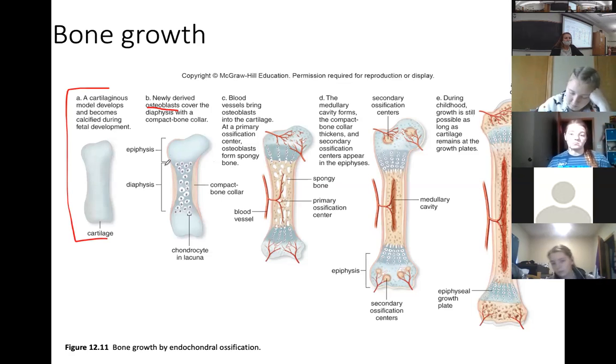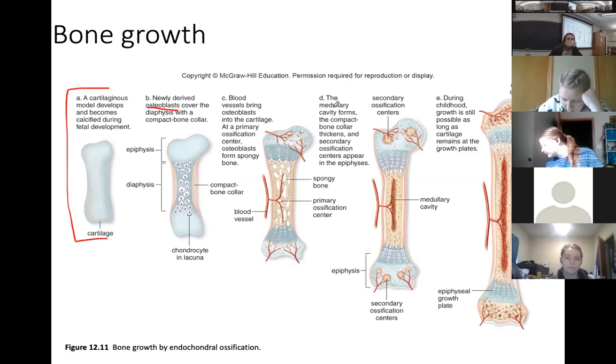And it essentially, these osteoblasts cover that compact bone collar. And then the blood vessels bring the osteoblasts into the cartilage. At a primary ossification center, the osteoblasts start to form that spongy bone. Spongy bone, remember, it's on the ends, it's there for impact, it's sponge-like. It's still structural and supportive, but it's not as dense as compact bone.